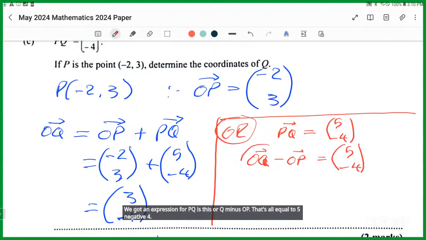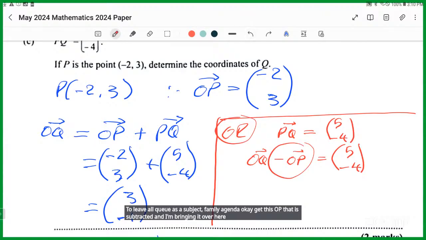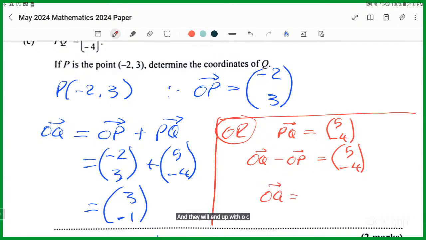Then to leave OQ as the subject, take this OP that is subtracted and bring it over here and add it. Then we'll end up with OQ being equal to (5, -4) plus OP. And what is OP?